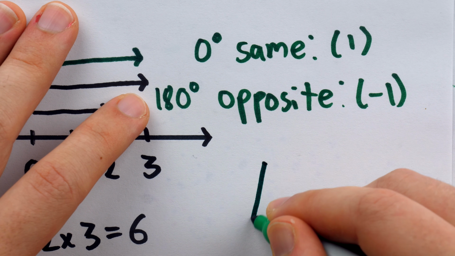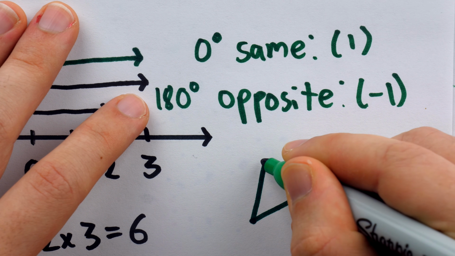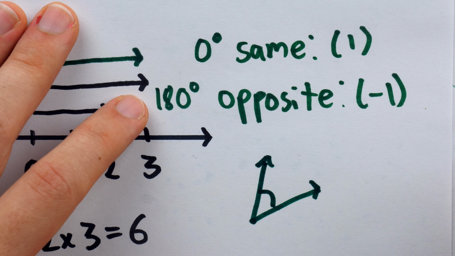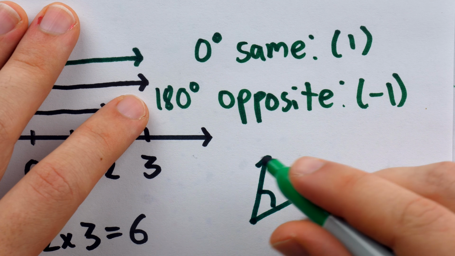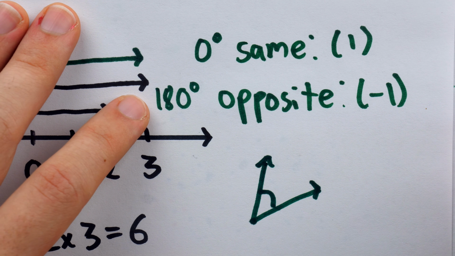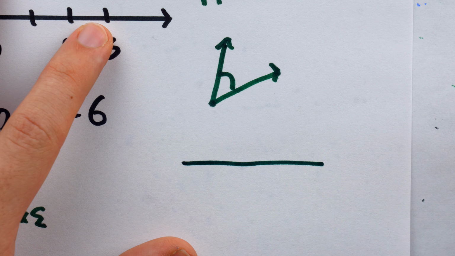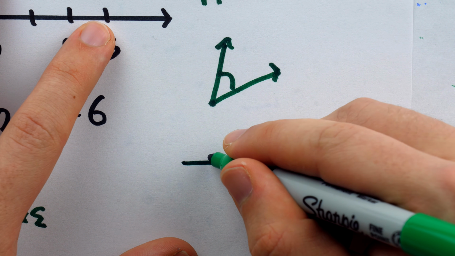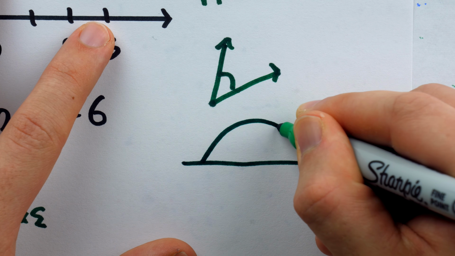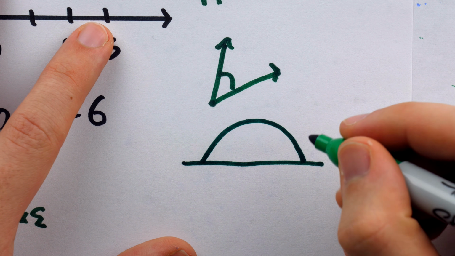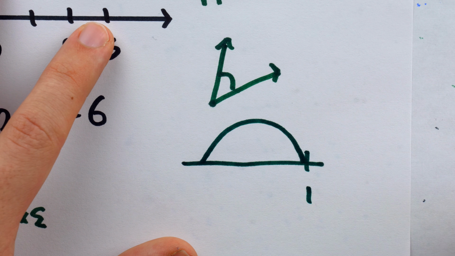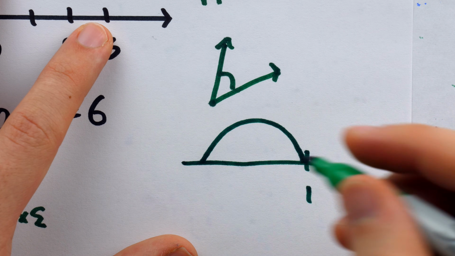But of course, there's also a ton of possibilities between 0 and 180, and we need to account for all of those as well. So really what we need for our multiplication of vectors in two-dimensional space is this sort of multiplicative factor or dial that's going to multiply by +1 if the vectors face the same direction.